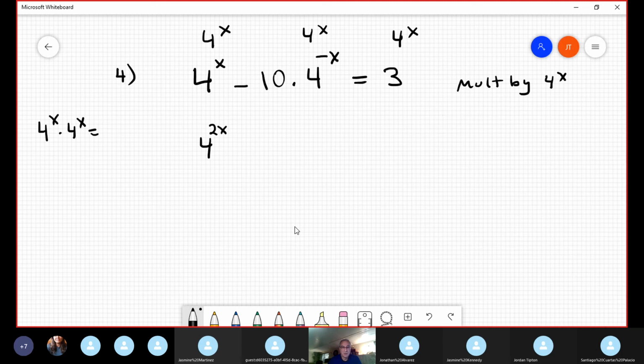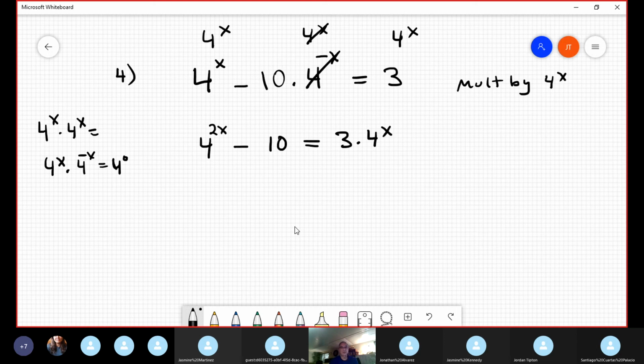Minus, and 4 to the x times 4 to the minus x is 1, because it's 4 to the 0. If 4 to the 0, I know it's 1, so it's just 10. This guy is cancelled. No cancel, well, it's 1. And the right hand side, we have 3 times 4 to the x.